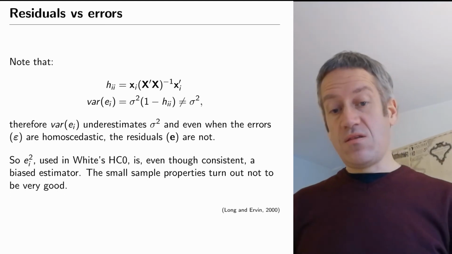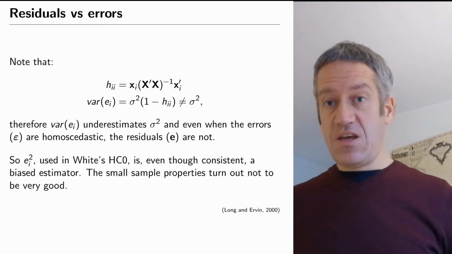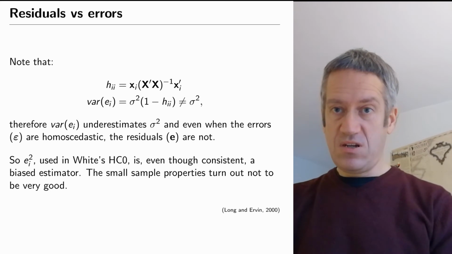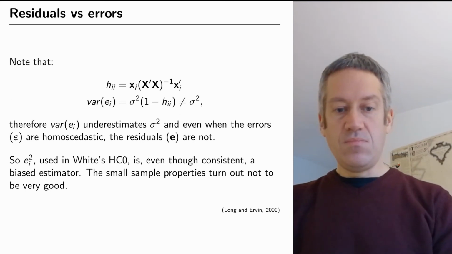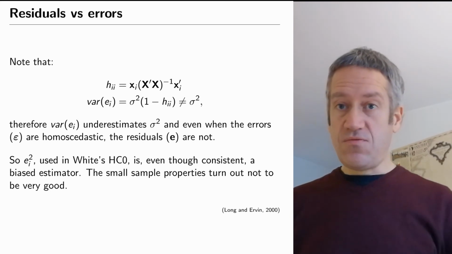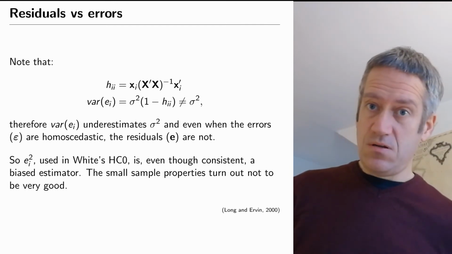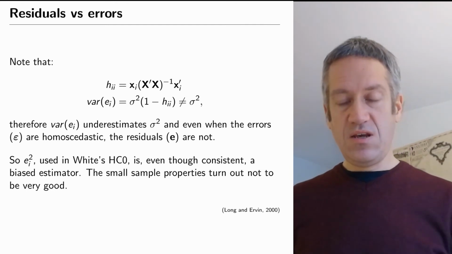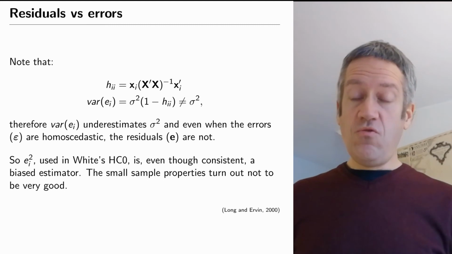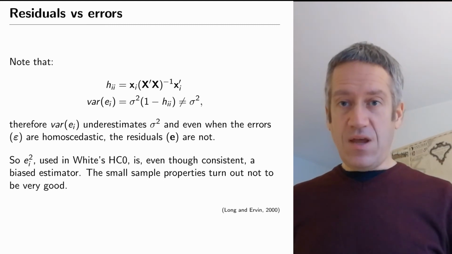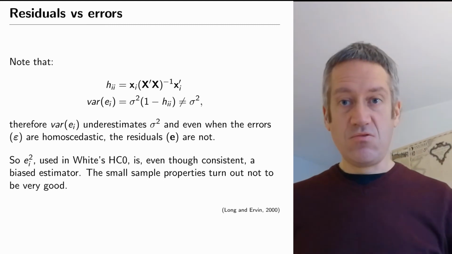And we know that even in the case where the real errors are homoscedastic, the variance of the residuals is an underestimate of the variance of the error terms in nature. And moreover, when the errors are homoscedastic, the residuals are not.